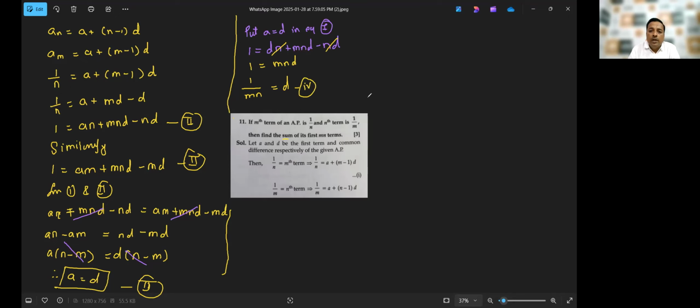ठीक है. Now the question is, find the sum of first mn terms. So S_mn is equal to mn divided by 2, then 2a plus (mn minus 1) and this one is the d.